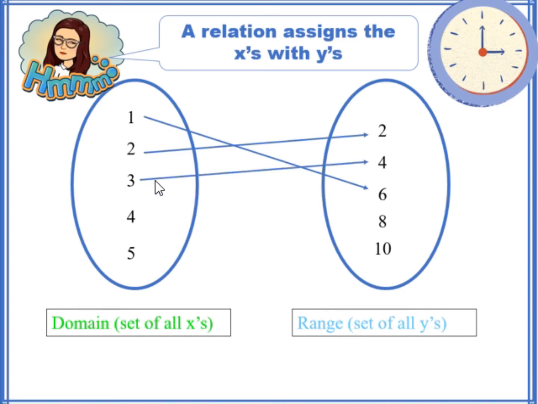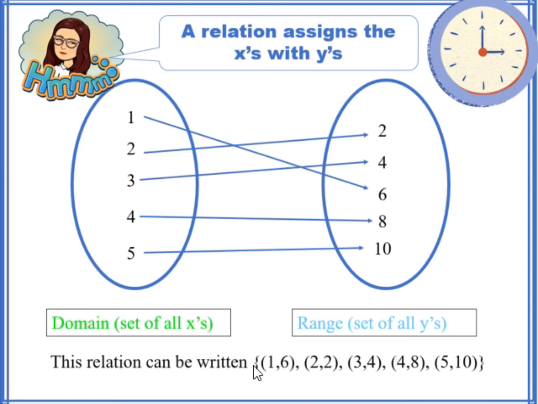Then 3 is paired with 4, 4 paired with 8, and 5 paired with 10. We can write it as a set of ordered pairs: (1, 6), (2, 2), (3, 4), (4, 8), and (5, 10).